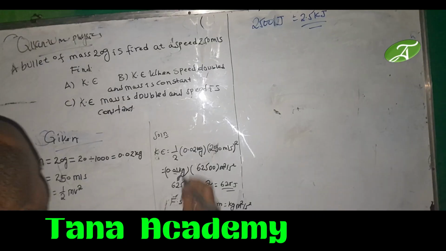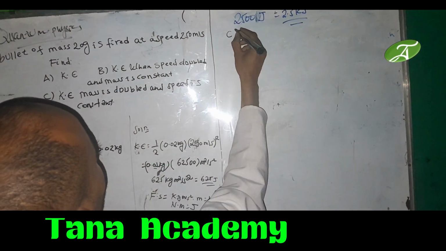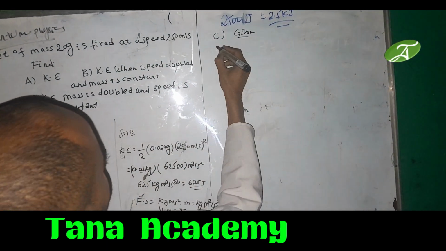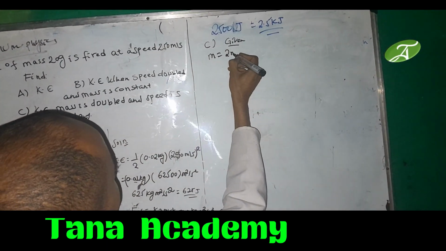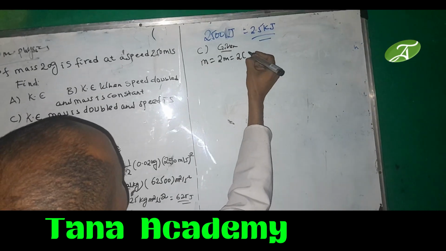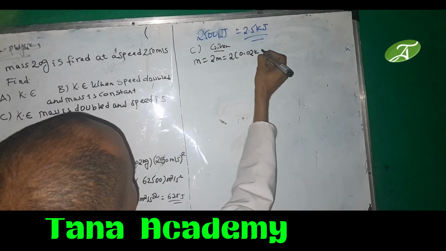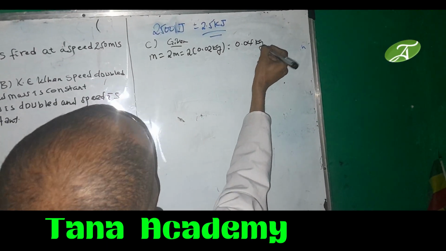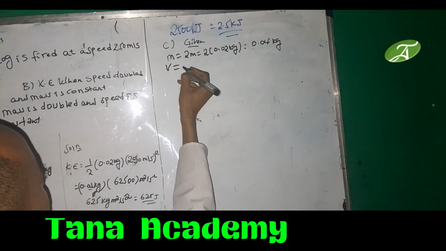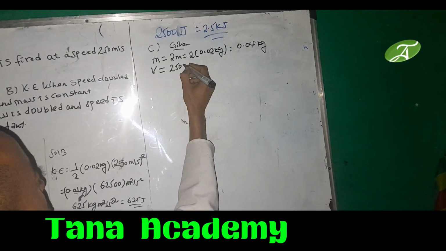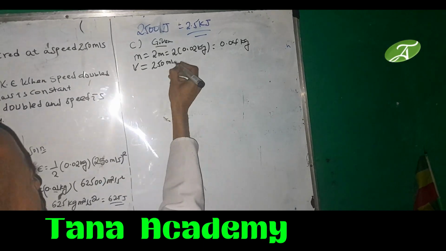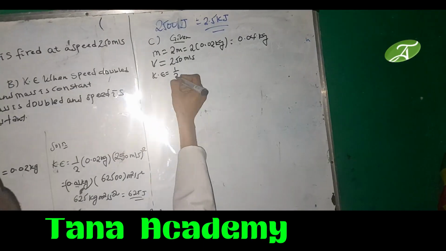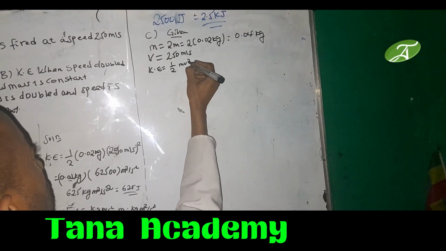And thirdly, C, that means given double mass. Mass m is equal to 2 into 0.02 kilogram. It becomes 0.04 kilogram, and speed, or V, is equal to 250 meter per second, and kinetic energy is equal to 1/2 mv squared.